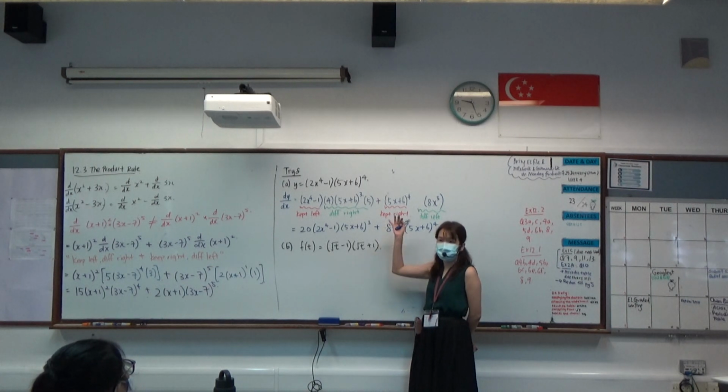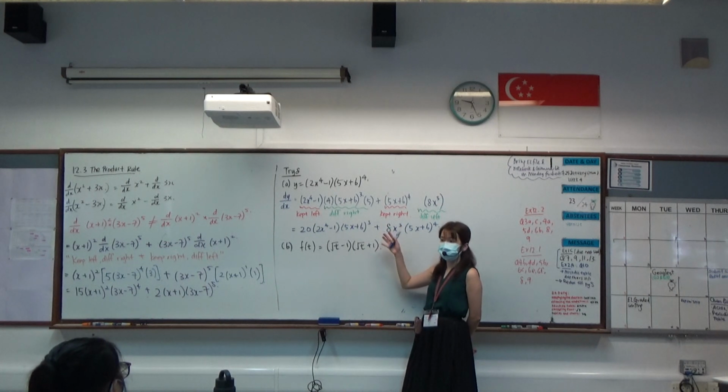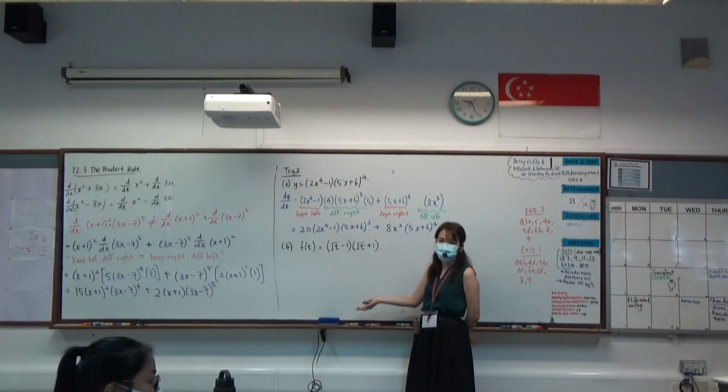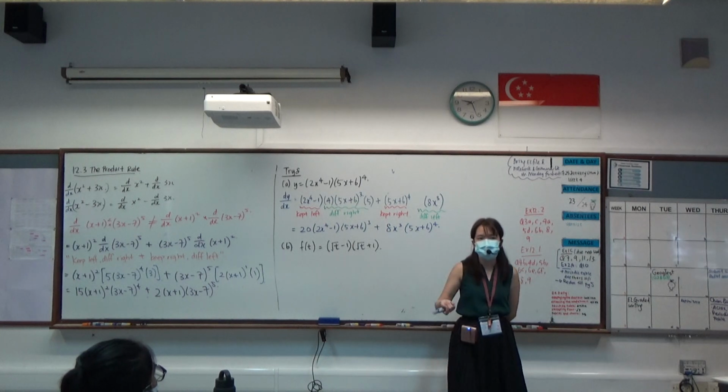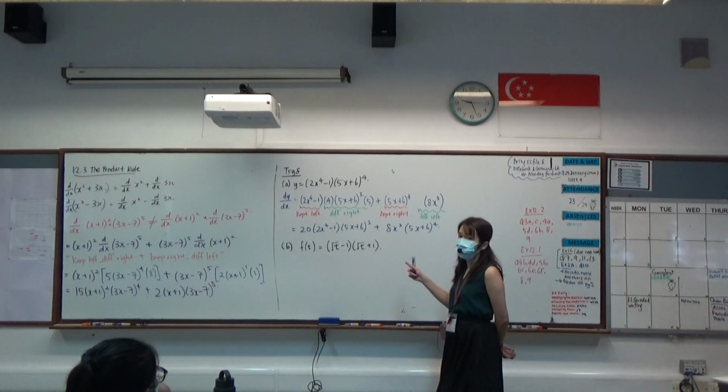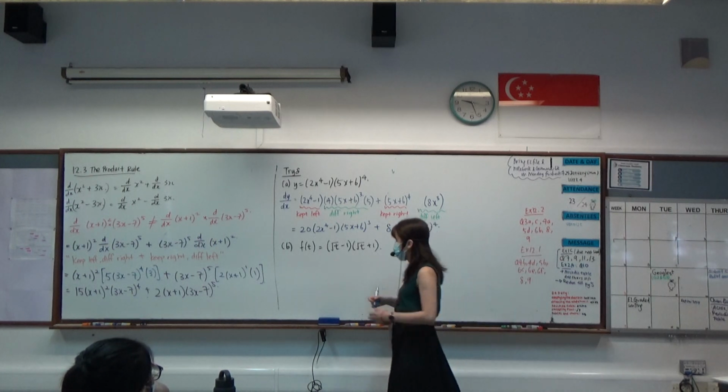How many of you would try to do that? Okay, you can do that. In this case, you can also do product rule. Personally, you will find that doing a square minus b square is a shorter step as compared to applying product rule. Okay, let me show you both ways.